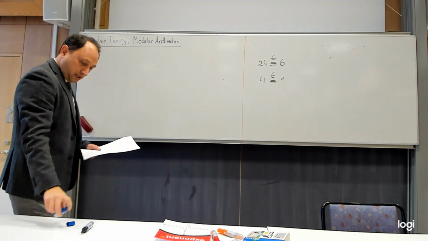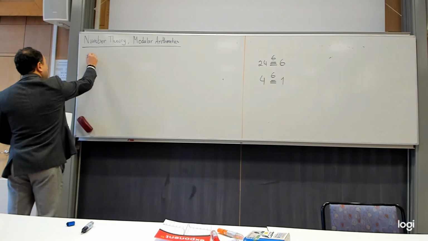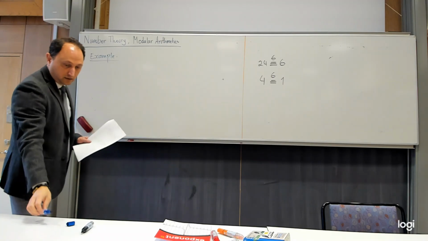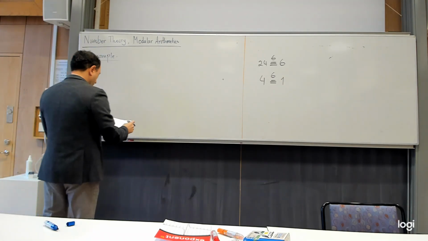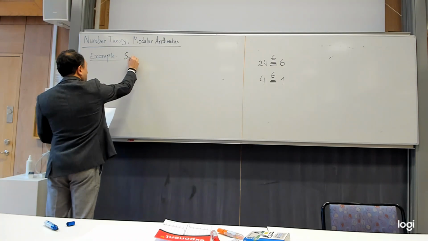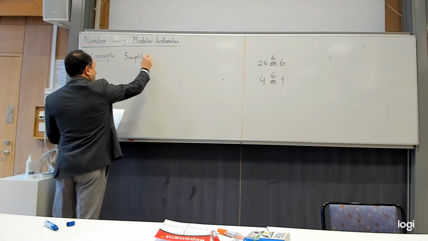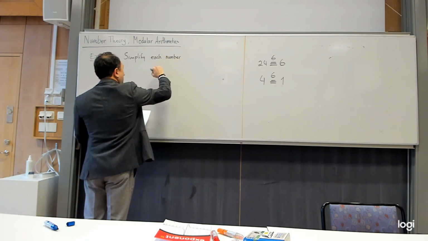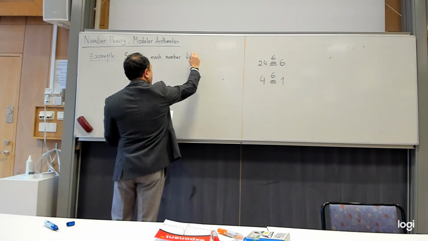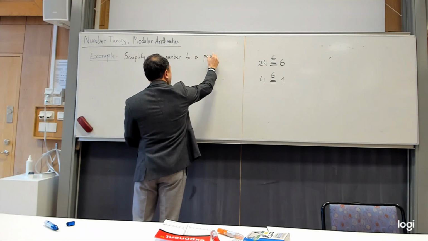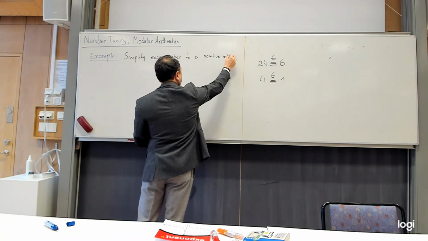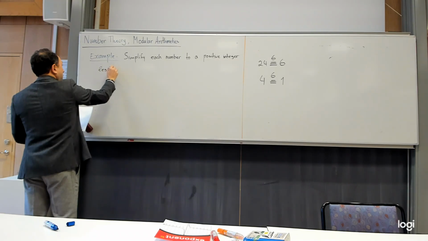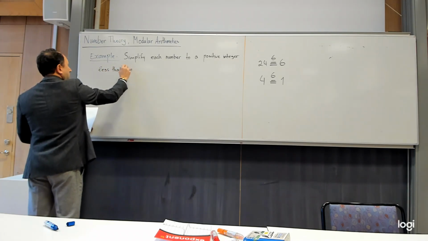So, let me write the title of the example: Simplify each number to a positive integer less than the given module.